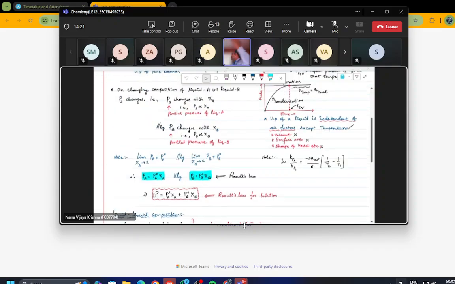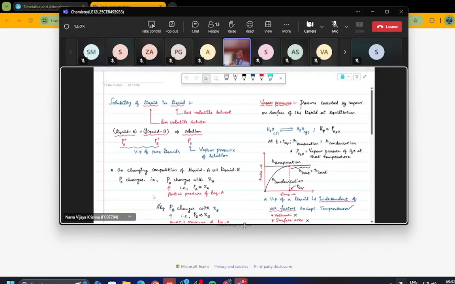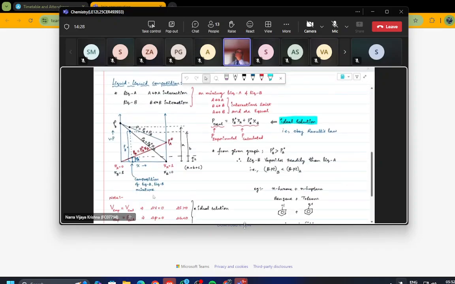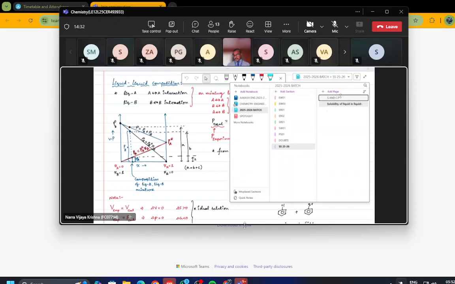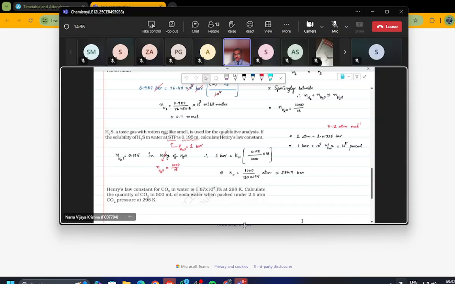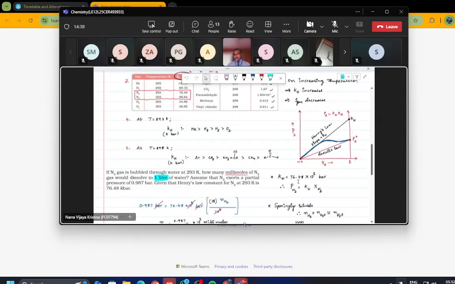You might have studied about Henry's law and Raoult's law. Based upon both, you might have made some conclusion. I asked you to solve these 3 questions also. Have you solved? Now observe this graph.